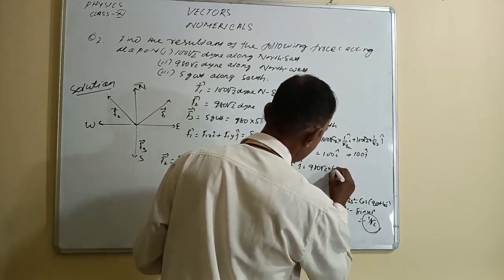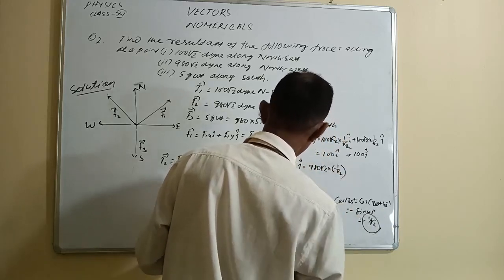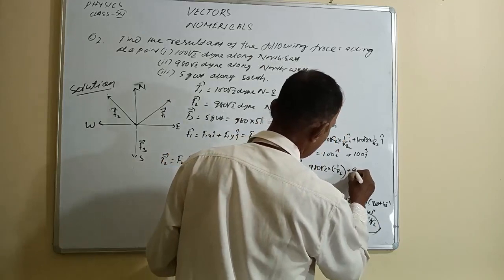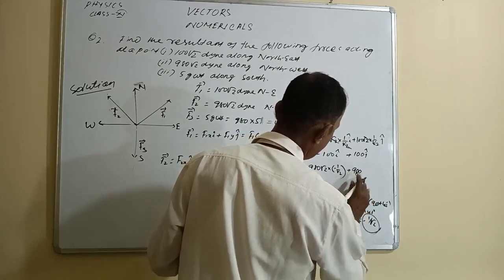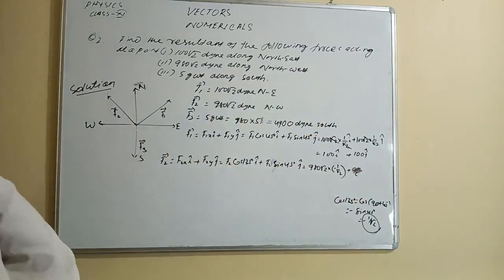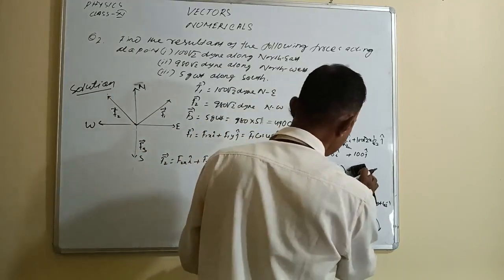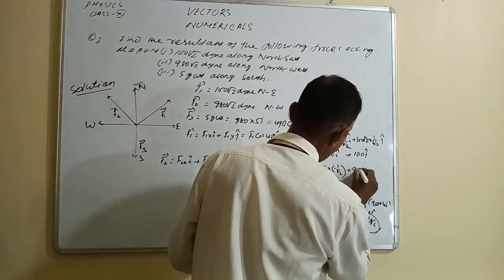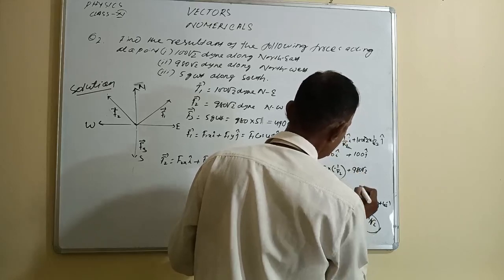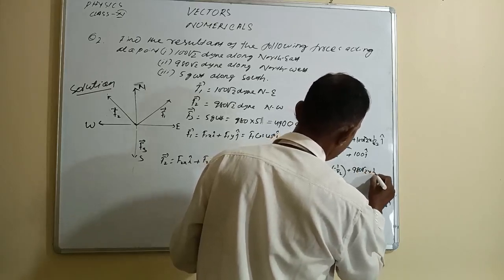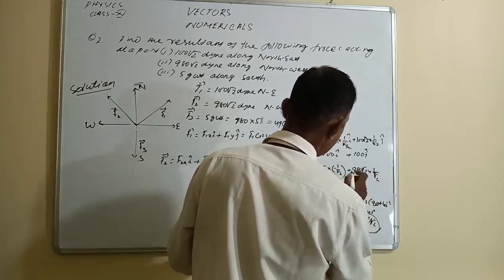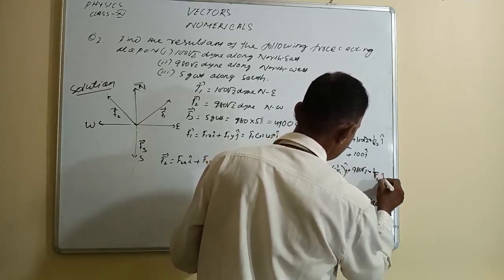So I am using minus 1 by root 2 for the i cap, and 980 root 2 into 1 by root 2 for the j cap.